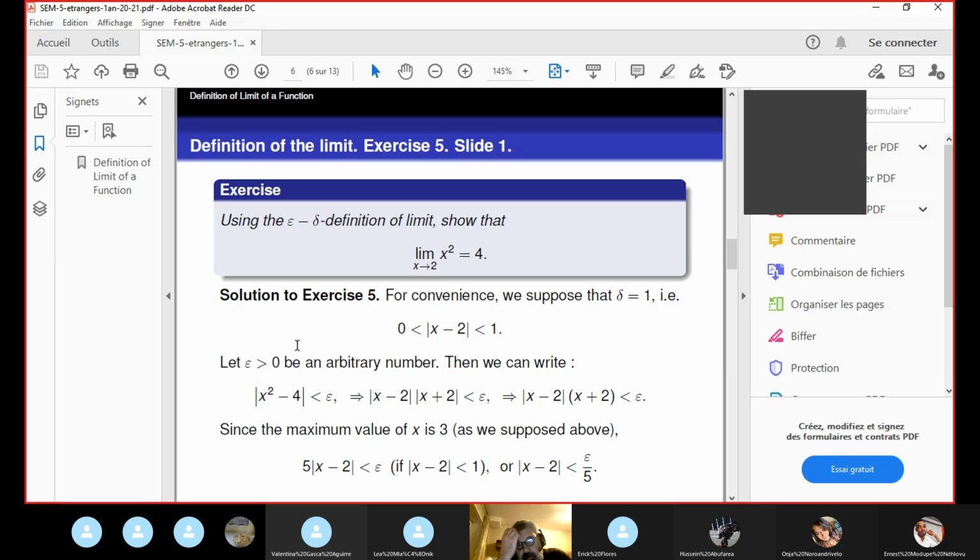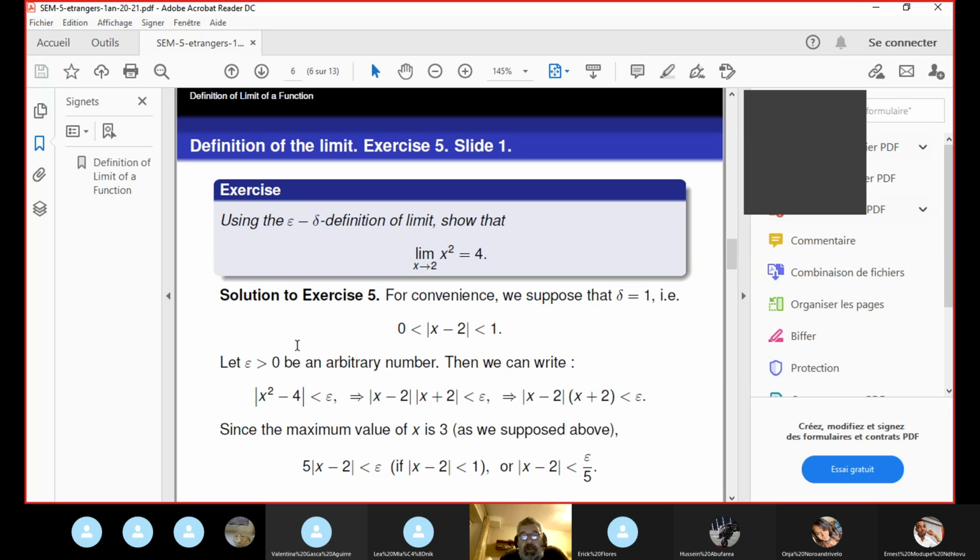Because, roughly speaking, we can choose any neighborhood of our point 2. For example, we take delta equals 1. Then I have to find an appropriate estimate for the difference of my function x squared and the limit 4.